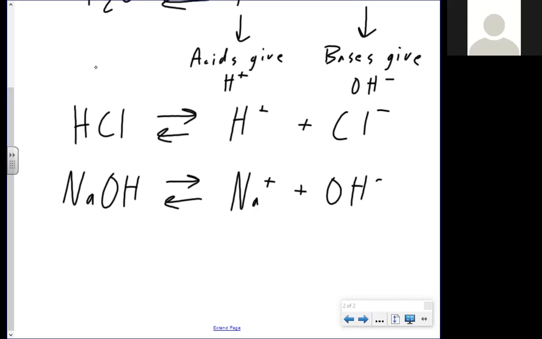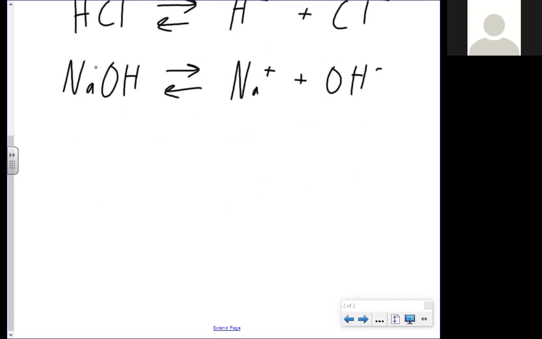Right. But sodium hydroxide, hydrochloric acid. Acid because it gives you H's. Base because it gives you OHs. Make sense? Okay. Now check this out. When you mix these two things together, it's called a neutralization reaction. We're mixing an acid with a base. Remember, this is taking it back a little bit, it's going to be a double replacement reaction.